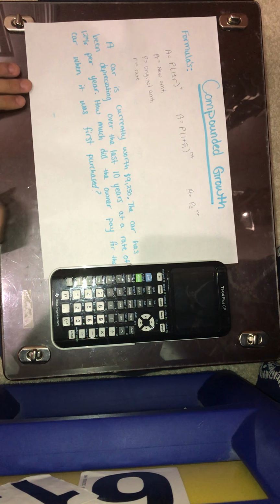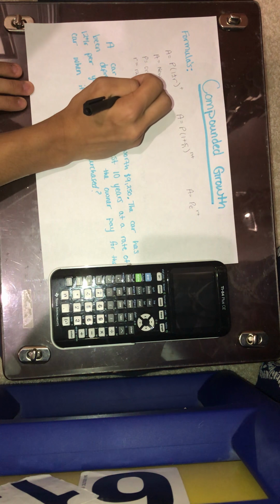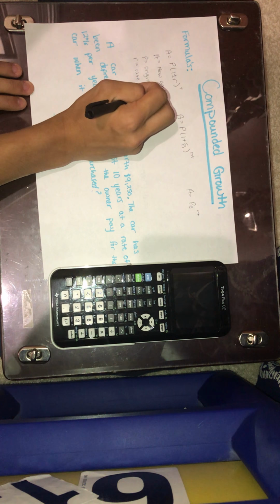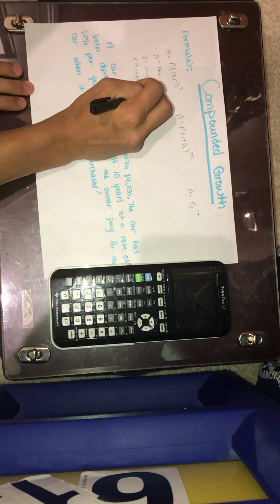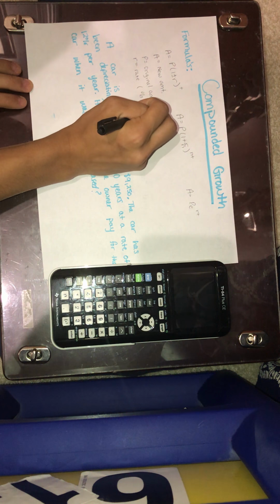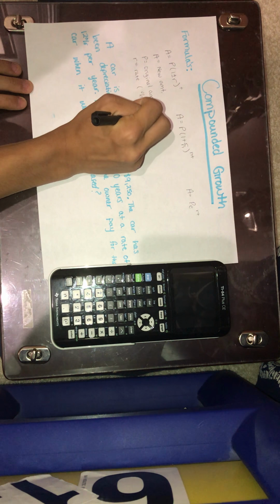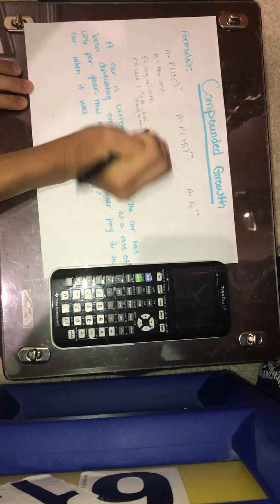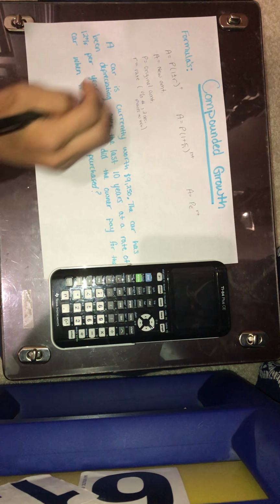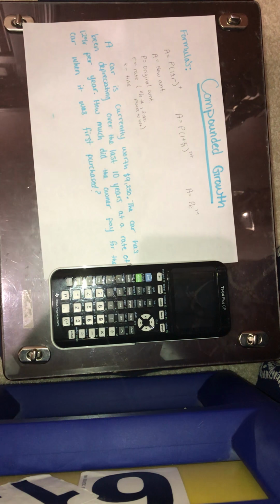Only just remember, when they're going to give it to you in a percent, just remember to move the decimal place over to the left 2 spots. And then T means the time, which is relatively simple.